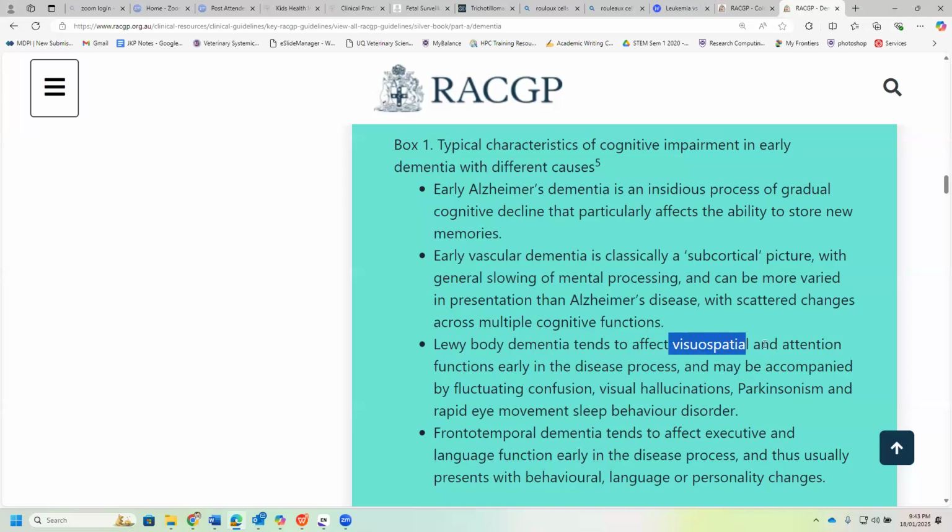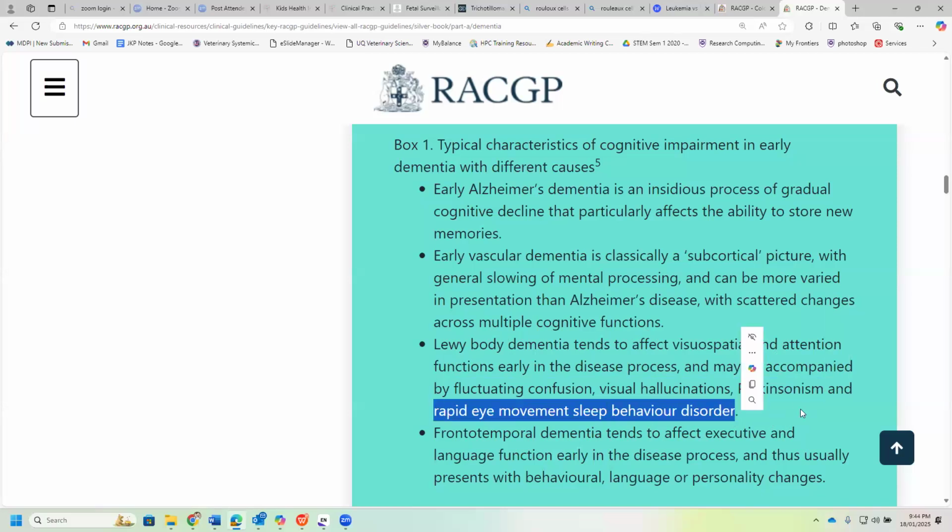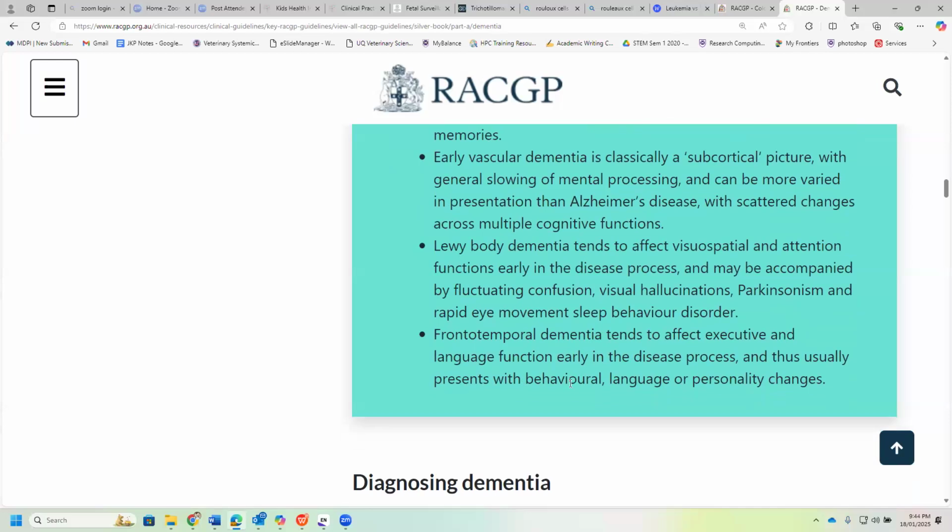Lewy body dementia affects visuospatial function and attention. That's why it can present with fluctuating confusion, visual hallucination, Parkinsonism, and rapid eye movement sleep behaviors. Frontotemporal dementia is associated with personality, executive function, and language. So it presents with behavior, language, and personality changes.